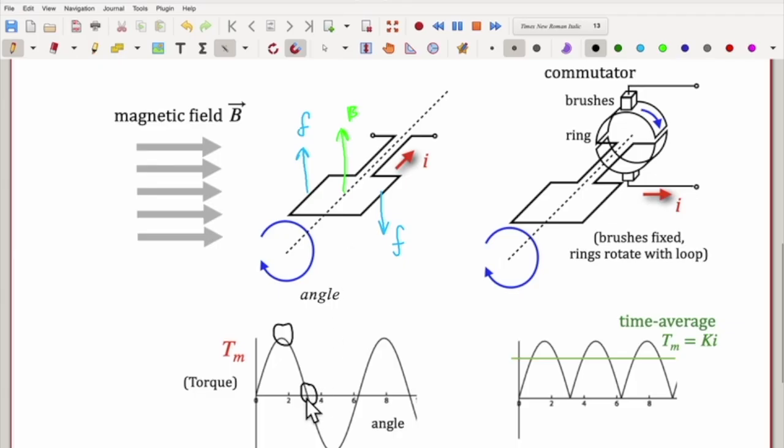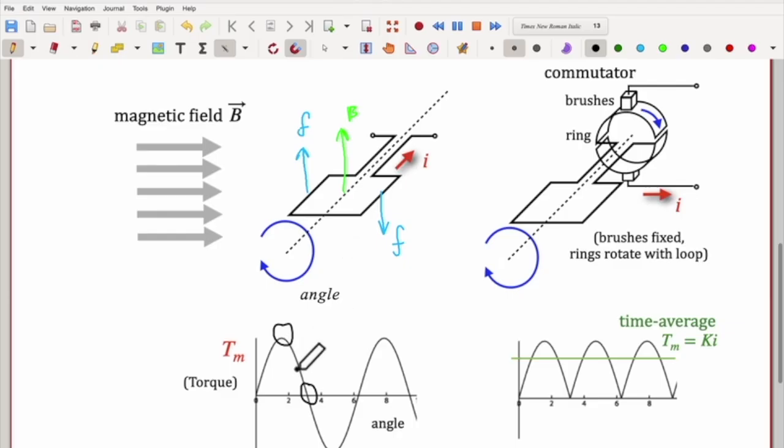So this is an equilibrium of this system, and because of that, you can imagine this does not do what we need in terms of continually rotating, which is what we want our motor to do.